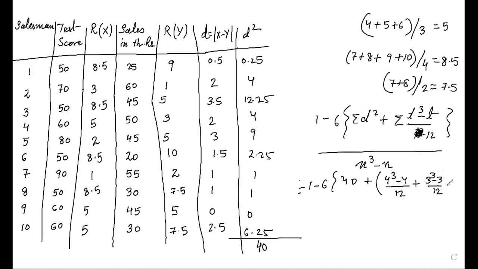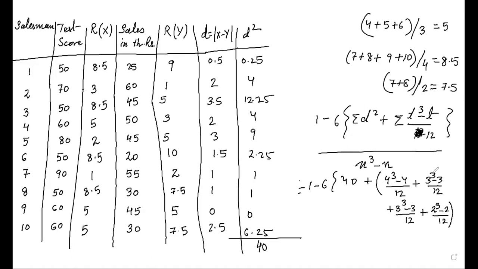Then the third tie, in the Y series, again for three individuals, 5, 5, and 5, so 3 cube minus 3 divided by 12. And the last tie is with two individuals, that is 7.5, 7.5, so 2 cube minus 2 divided by 12.